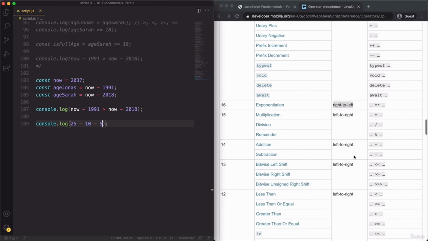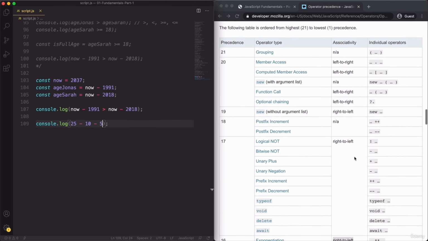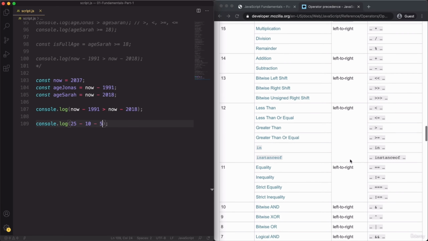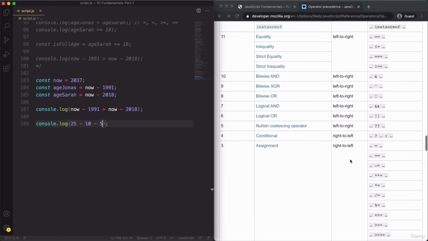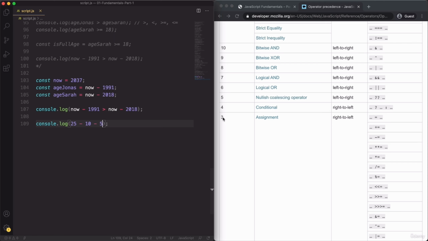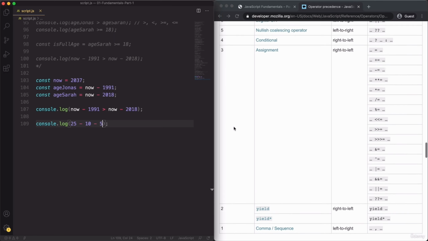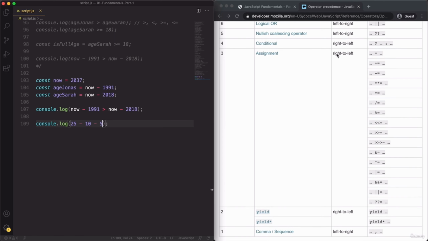So let's see where we actually have assignment here. It should be one of the lowest ones, and indeed it is. It's number 3. And as I said, this one is right to left. And so let me show you a nice example of why this is important.